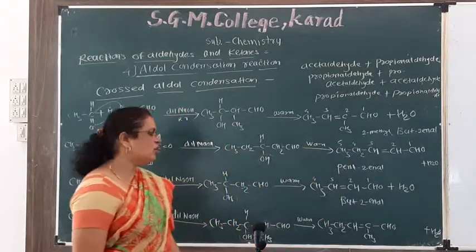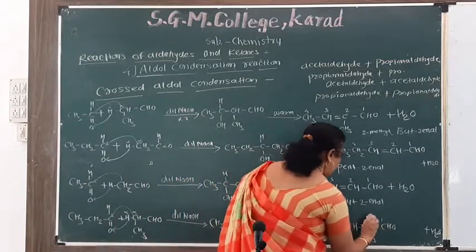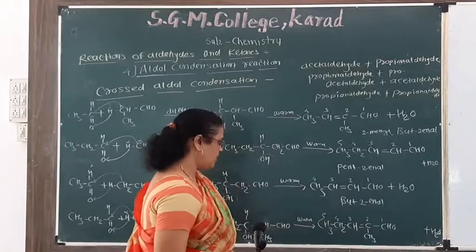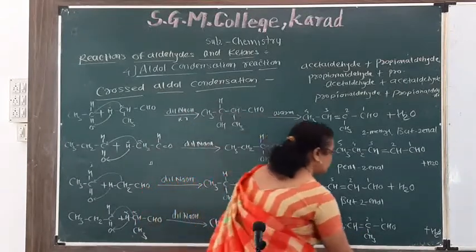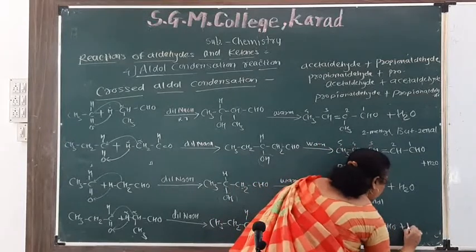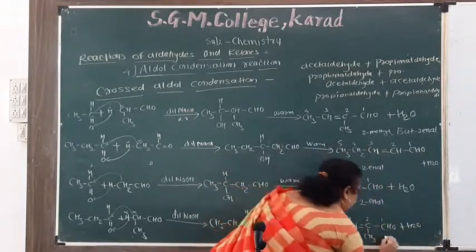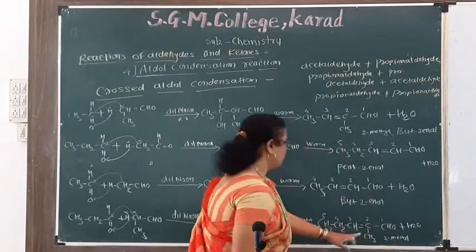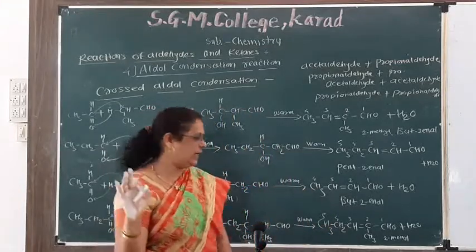This is the fourth product. Name of this fourth product is 1, 2, 3, 4 and 5, means 2-methyl. Total carbon atoms are 5, therefore this is a derivative of pentane.